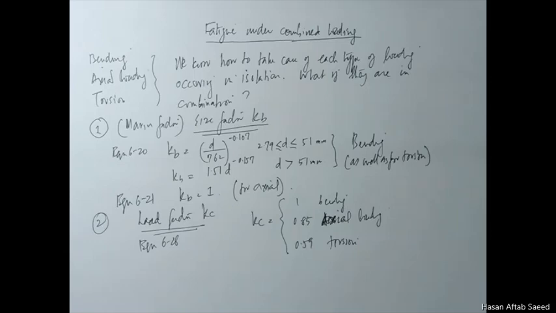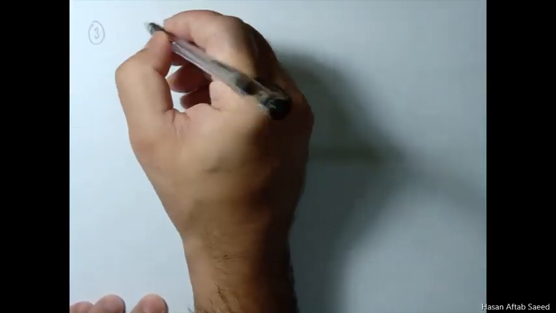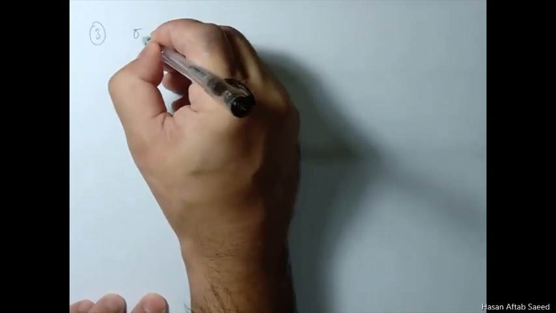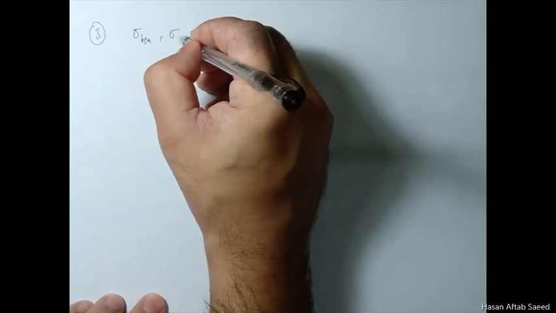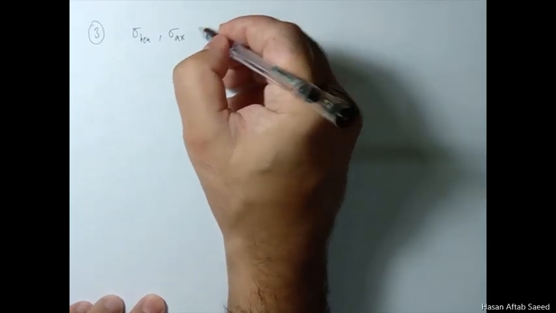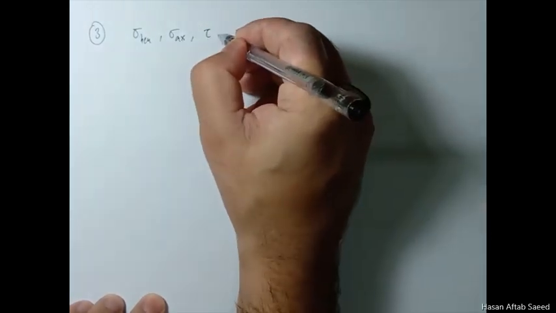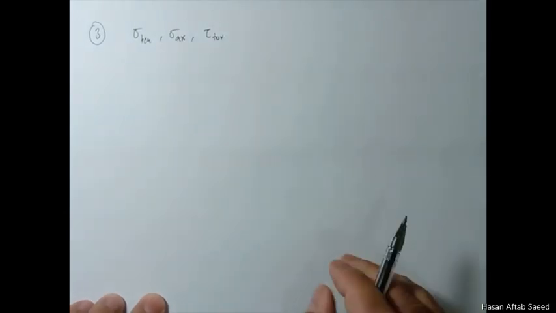The next problem that we have to deal with is that of stress. Here we have more than one type of stress involved. The third problem is you have normal stress because of bending, normal stress because of axial loading, and then shear stress as a result of torsion.